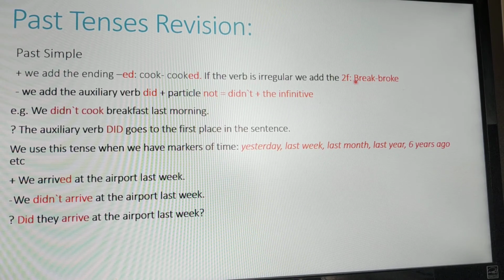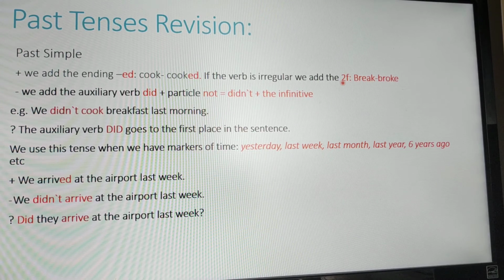For example, the second form of the verb break is broke. Когда у нас положительное предложение, к основе глагола мы добавляем окончание ed, если это правильный глагол. Если же глагол неправильный, мы пишем его вторую форму.